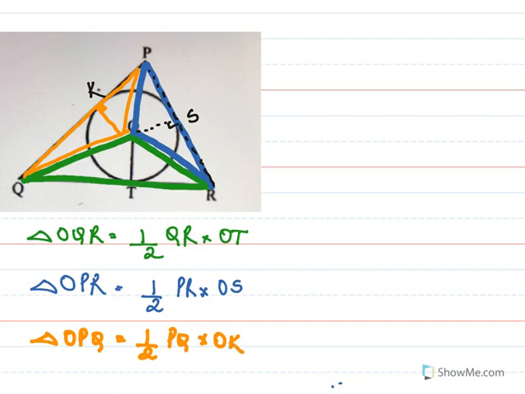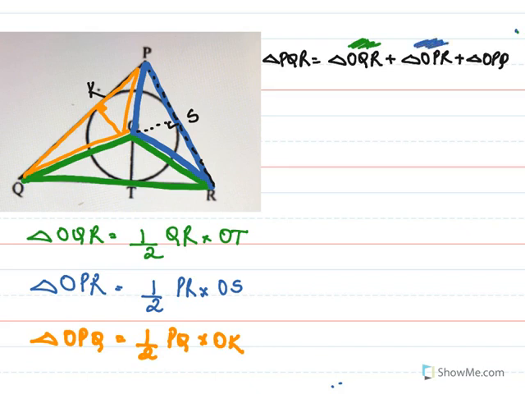Now we add up all these triangles, we will get the area. Area of PQR equals half QR into OT, one triangle. The full triangle is made up of 3 parts: OQR, the green one, then the blue one, and then the yellow one.